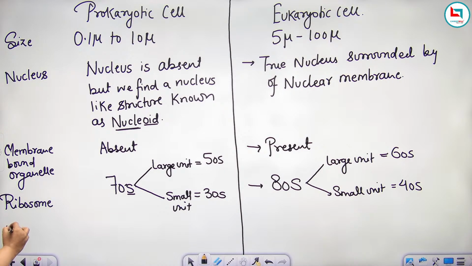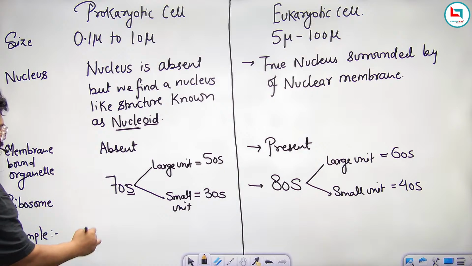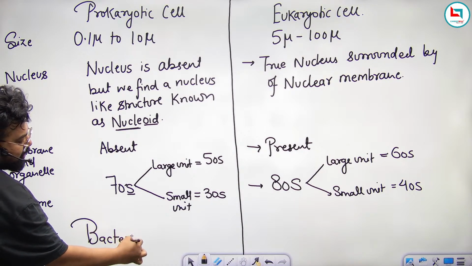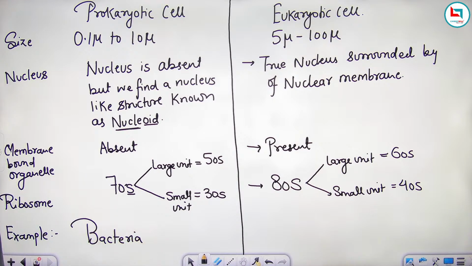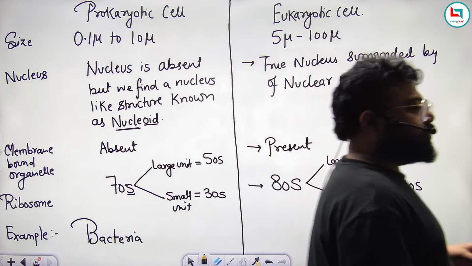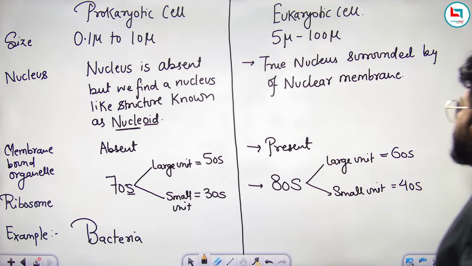Now, what type of organisms come under the prokaryotic cell, or which living organisms have these types of cells? So all bacteria are prokaryotic cells, and these bacteria are the most primitive organisms present on our earth, which formed during the evolution or origin of life.